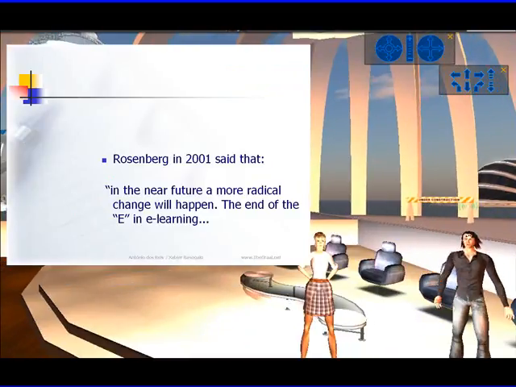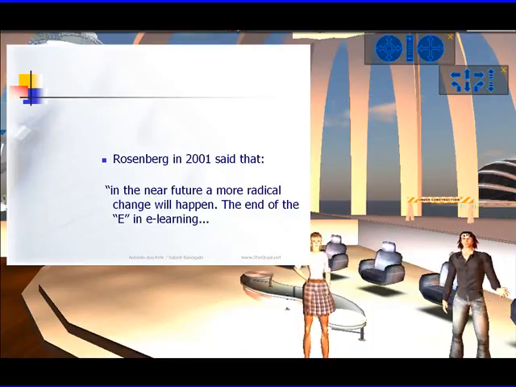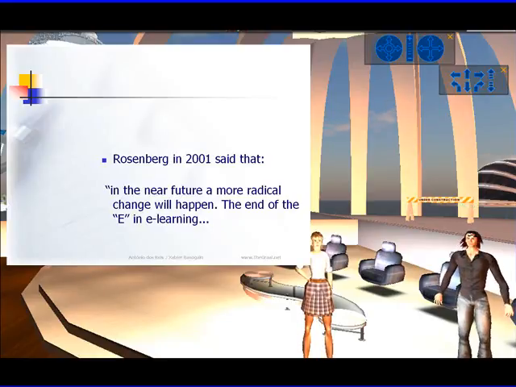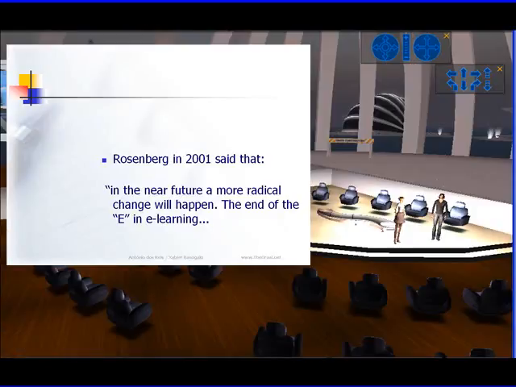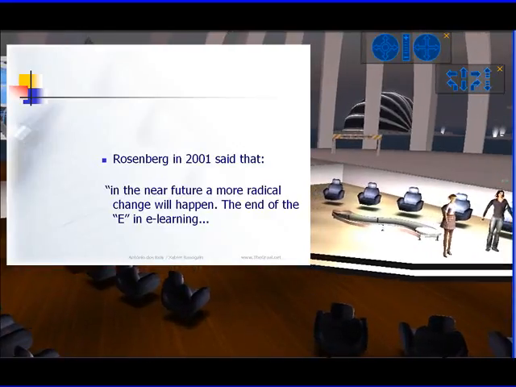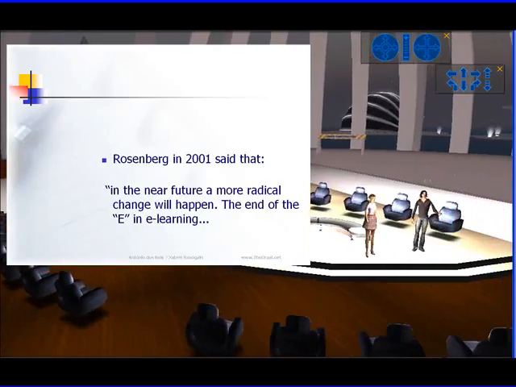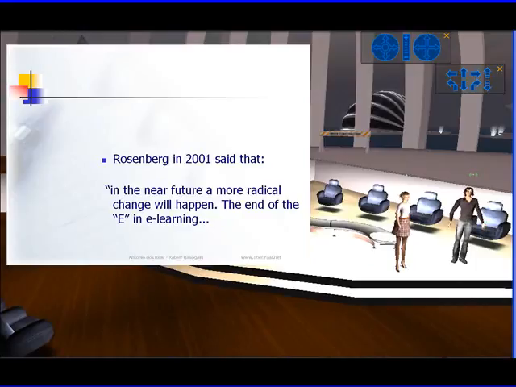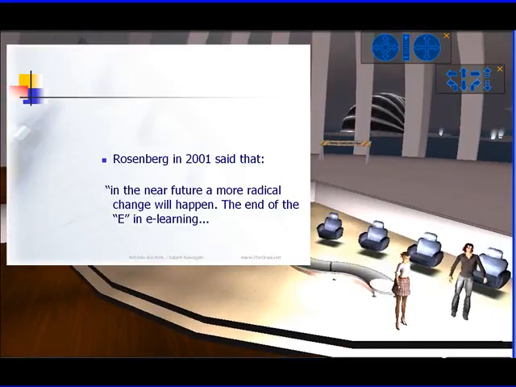It will be the end of the E. It will not be the e-learning that we are saying will be the future. The future is learning, because it's impossible to conceive that in our classrooms or in distance learning, one or the other, we will not use all these technological and new methodologies to support it.